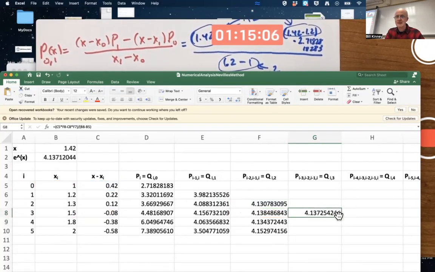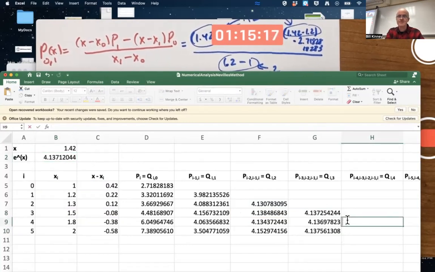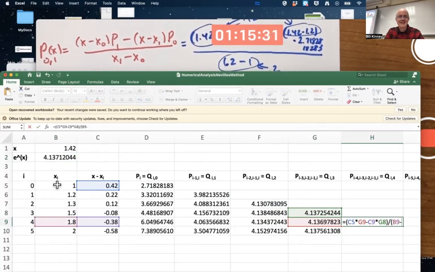And again, even though we're not using the information over here, it's implicit in these numbers. And this gives us even better approximations. These are cubics. Compare with this. Then we go on to quartics. Same pattern. This times this minus this times this divided by this minus this.